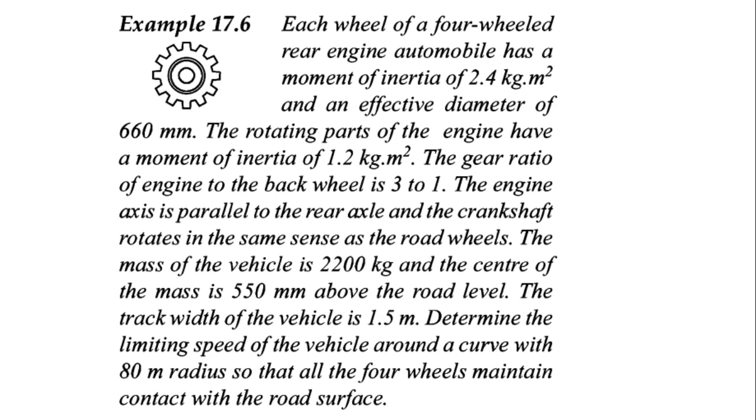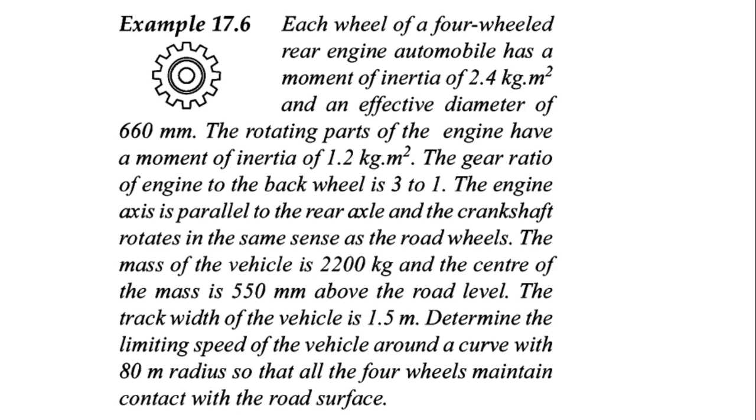Okay, so consider this problem where each wheel of a four-wheeled rear engine automobile has a moment of inertia given, and an effective diameter of 660 mm. The moment of inertia for the rotating parts of the engine is 1.2 kg meter square, and the gear ratio is 3:1.